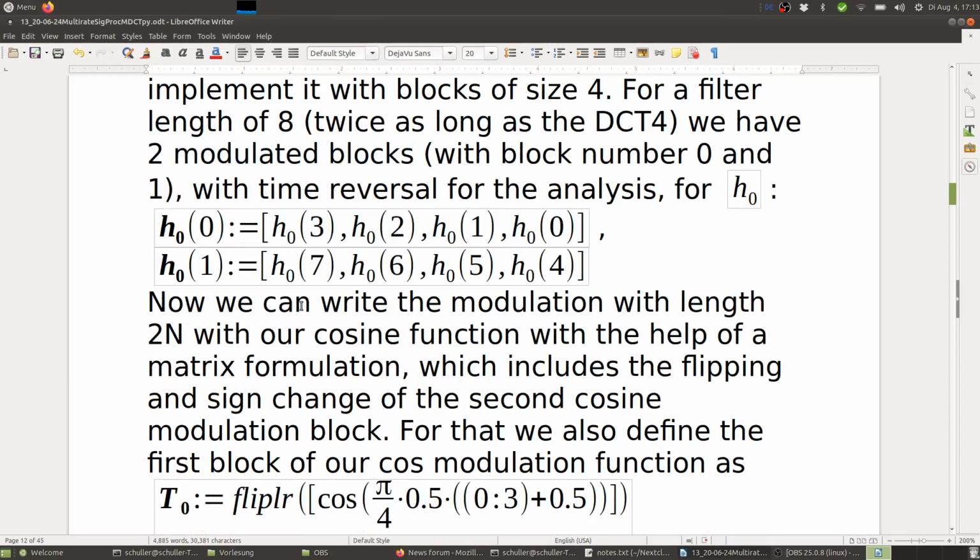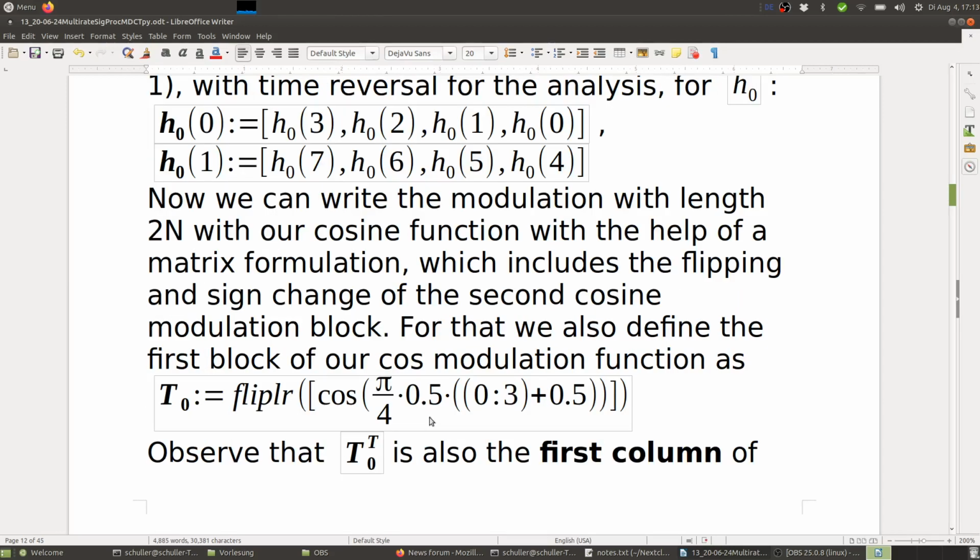Now we can write the modulation with length 2N with our cosine function with the help of a matrix formulation, which includes the flipping and sign change for the second cosine modulation block. For that we also define the first block of our cosine modulation function as follows.